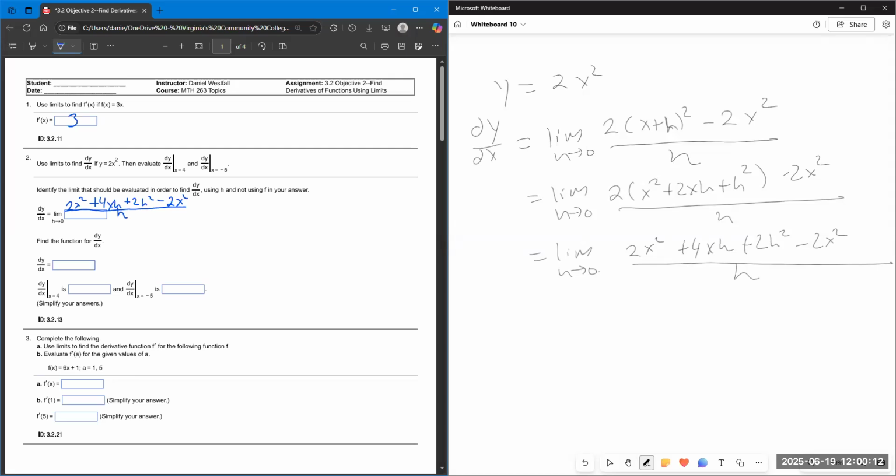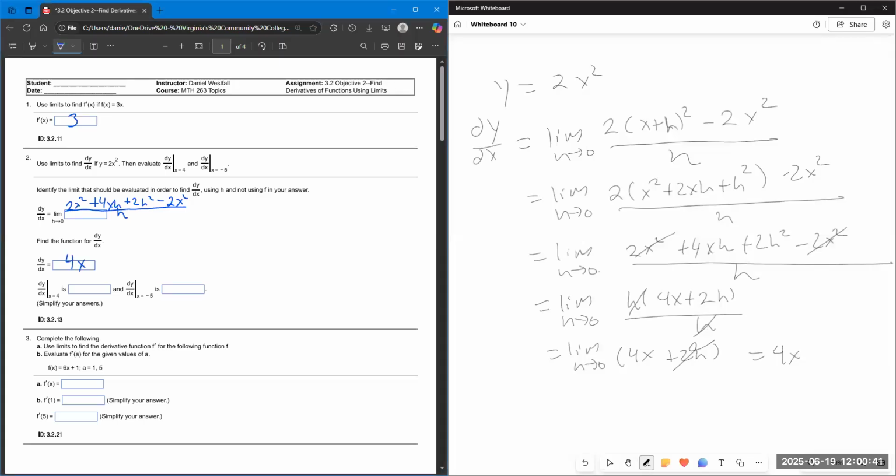And then we're going to zero out the non-h terms, factor out my common factor of h from the numerator, and cancel it. The limit as h goes to 0 of 4x plus 2h. Any remaining h terms are going to 0. That leaves me with an answer of 4x for my derivative.